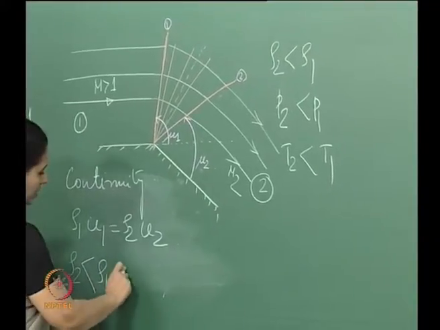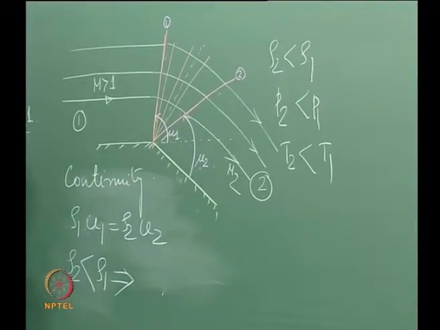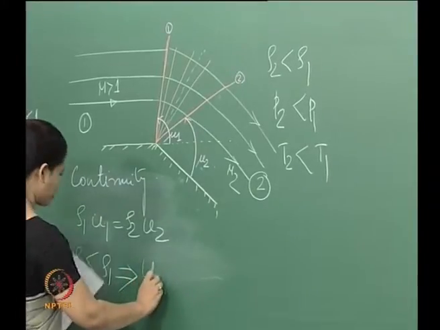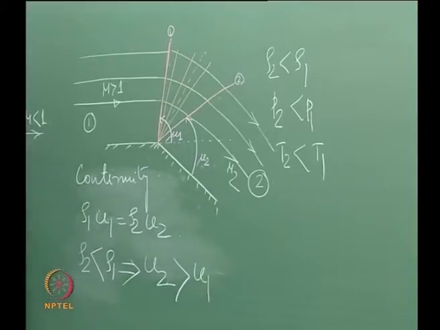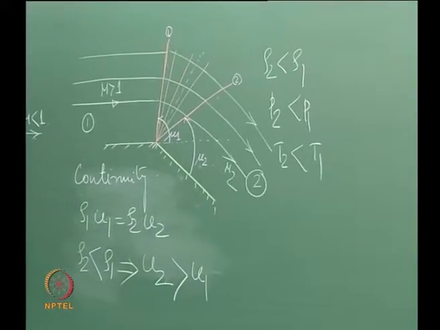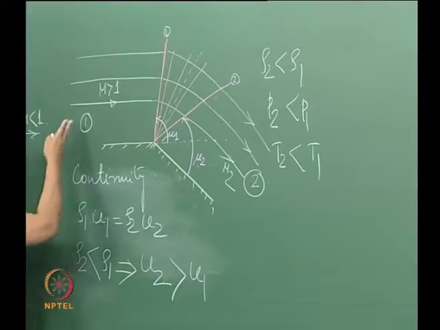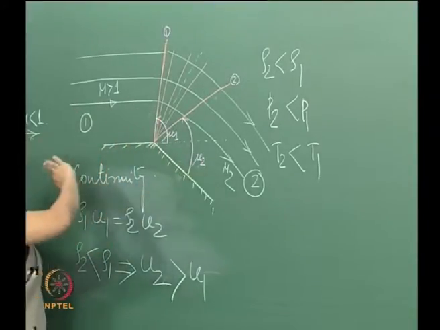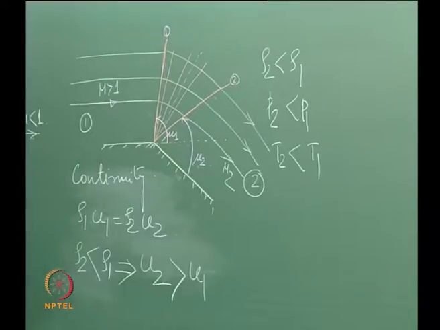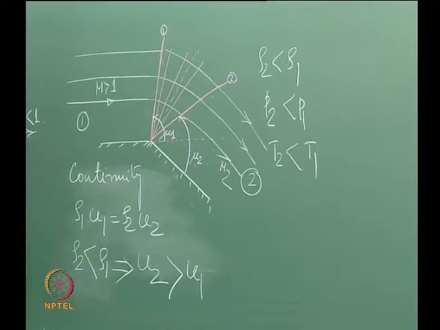What this implies is that u2 is greater than u1. So, what this means is that the flow coming here actually starts moving faster due to the expansion fan. So, this is what we get from here.